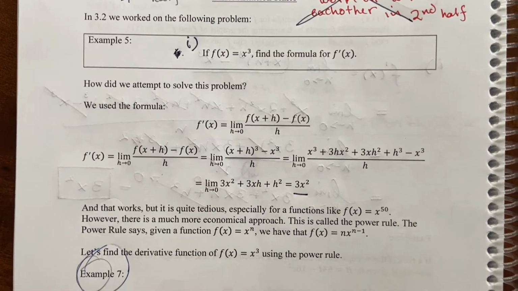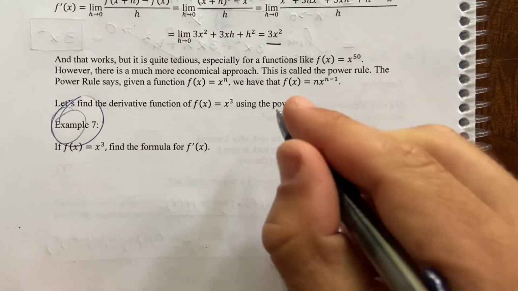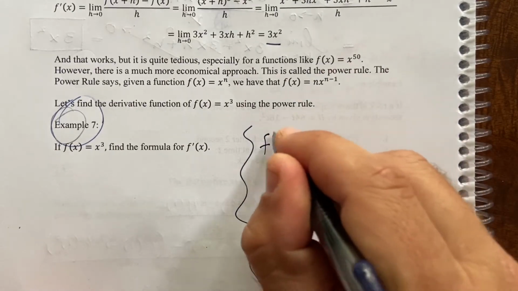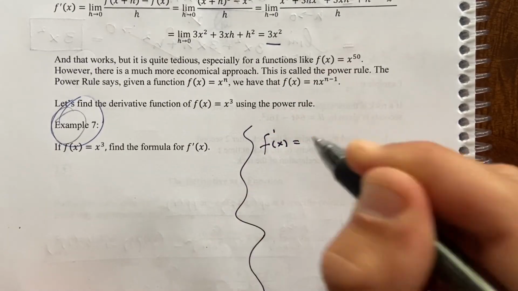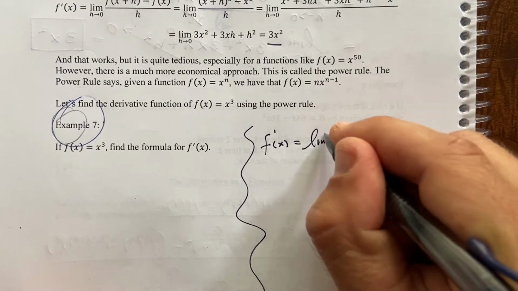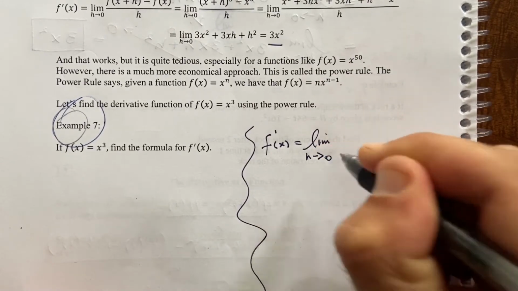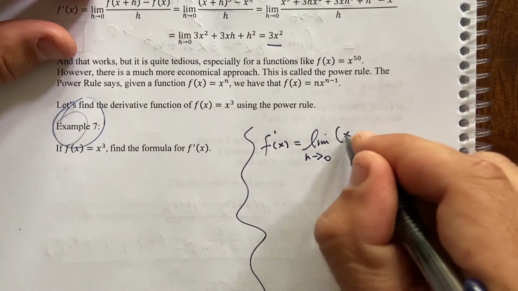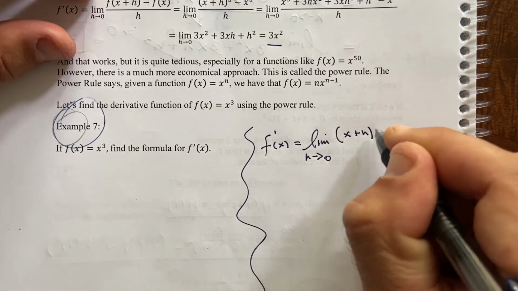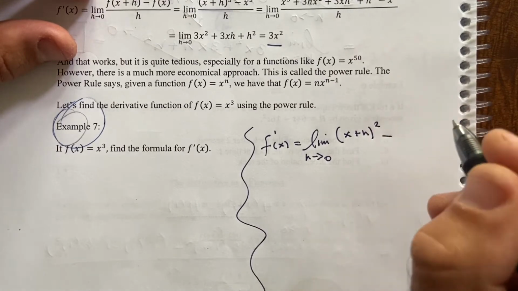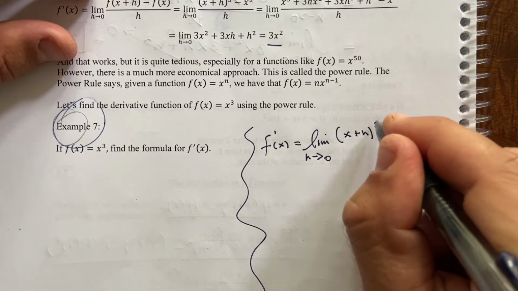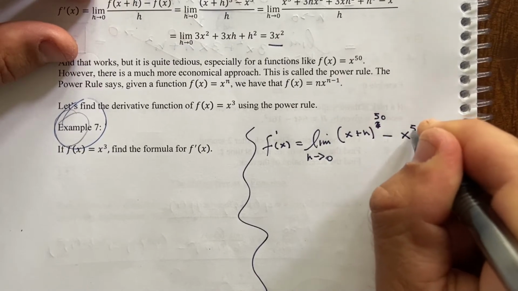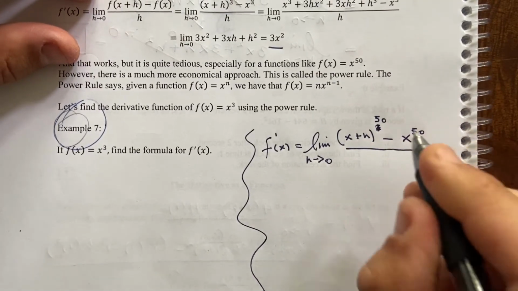Let me just explore that here for a second. If we had x to the 50th, then the derivative of that function would be the limit as h goes to 0 of (x plus h) to the 50th, minus x to the 50th, over h.